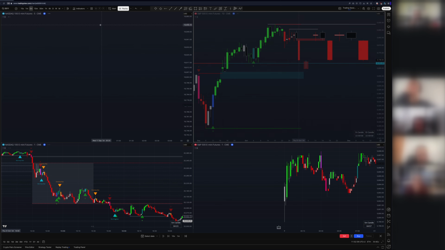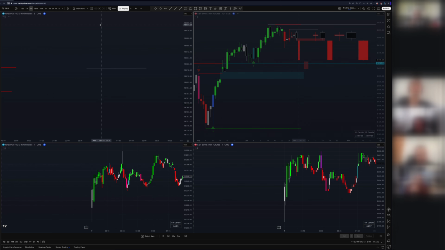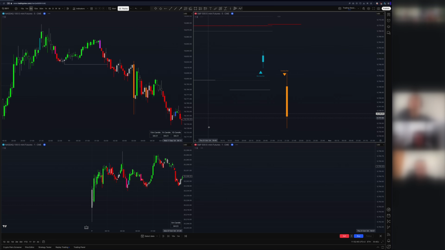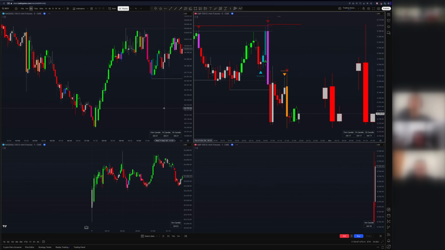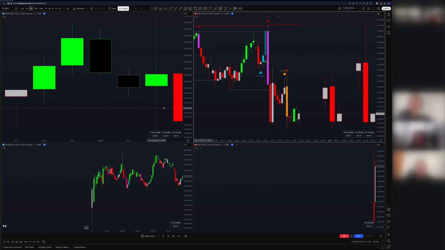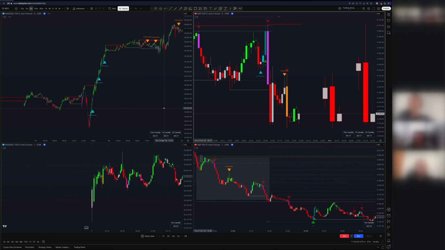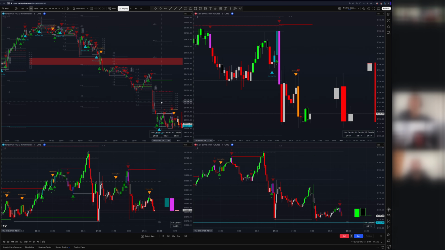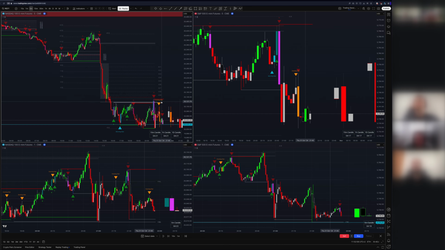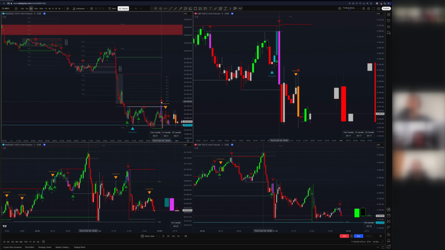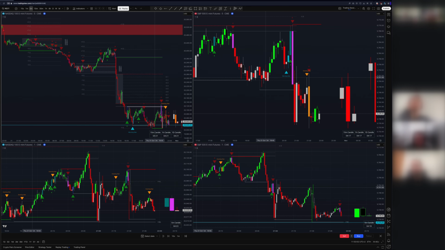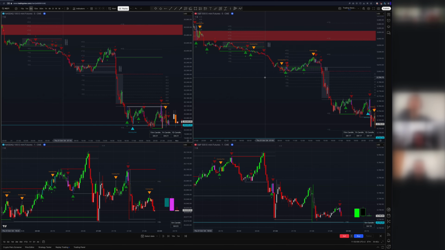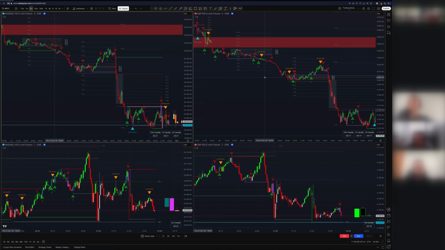Go ahead, Raul. You know what I'm finding is there's this constant tension between liquidity grabs and the trend, right? Yes. It seems as if you just follow market structure, it would have been a safer thing to do. I mean, I don't know. Sometimes I see you guys take a trade and it works out, but then other times it's hard to explain. There's this constant tension between the trends and liquidity grabs.